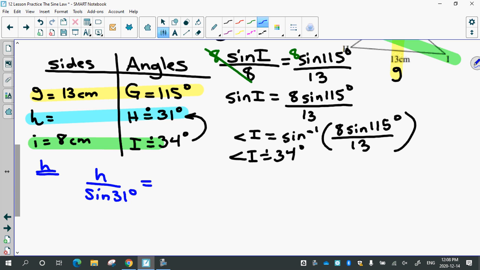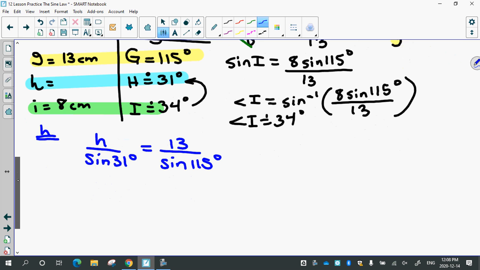So I want the side 13 on top and the sine of the angle on the bottom. Okay. So when I'm finding a side, I want the sides on top. When I'm finding an angle, I want the angles on top. Okay. And the angles have to go with the sine.